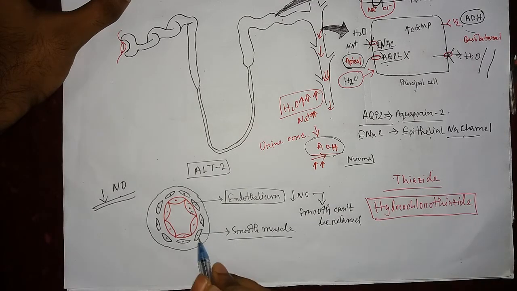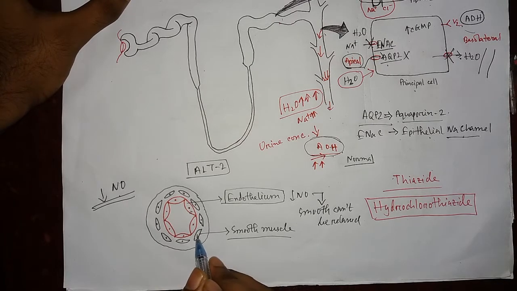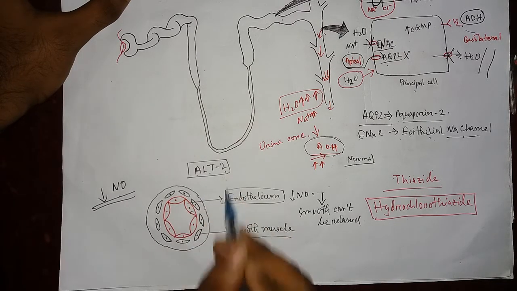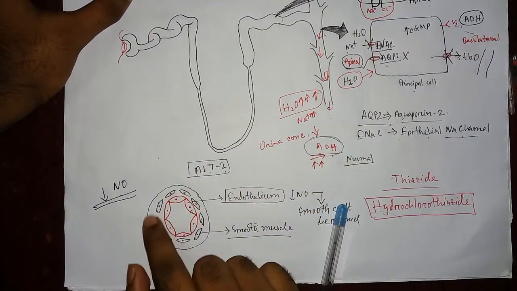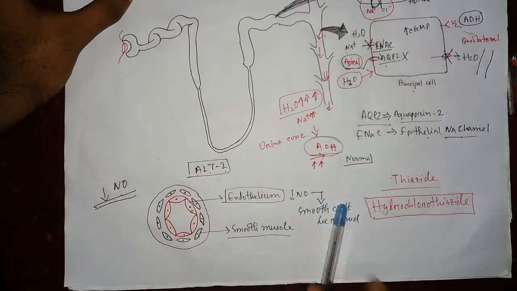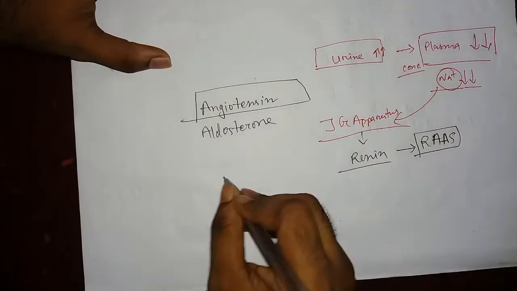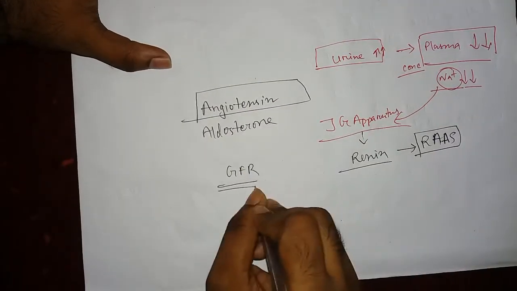It also works on the smooth muscle of the vessels through the AT2 receptor, so his smooth muscle will constrict. As a result, his vascular endothelium and smooth muscle will constrict, so his glomerular filtration rate will be decreased.